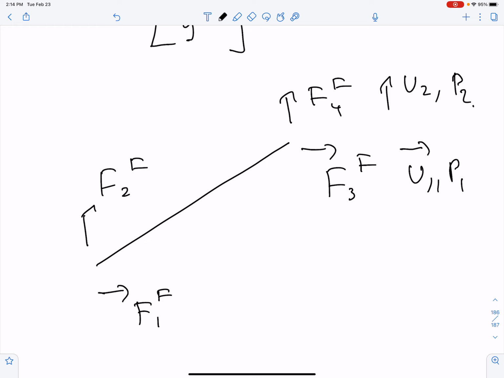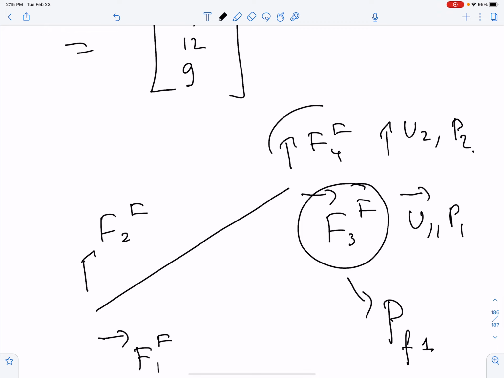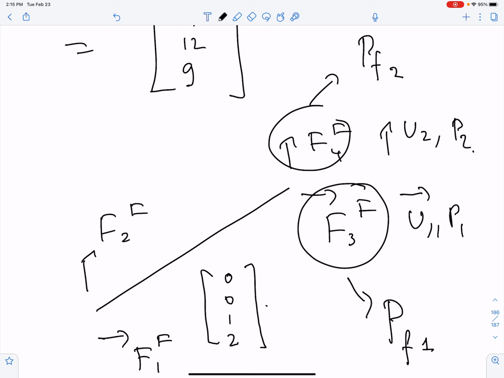So you can see that this entry will go into PF1, the first entry for prescribed force at the structure level, and this entry will go into PF2. The ID array for this element was 0, 0, 1, 2, like this.